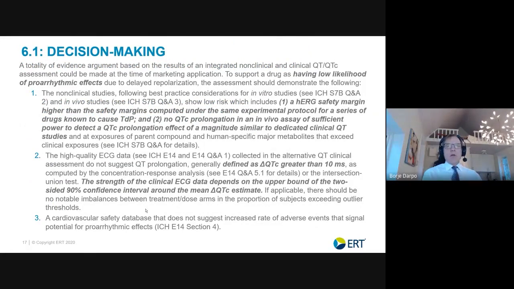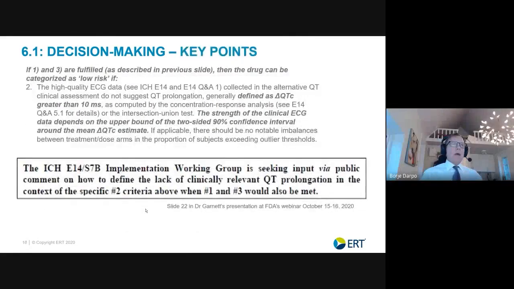To summarize: negative non-clinical assays, demonstration that the mean effect is lower than 10 milliseconds, and then a database that does not suggest that we see anything alarming in terms of cardiovascular adverse events. So if 1 and 3 are fulfilled, then it can be claimed that the drug has a low likelihood of proarrhythmic effects. And this is specifically where the E14 S7B implementation work group is asking for public comments.